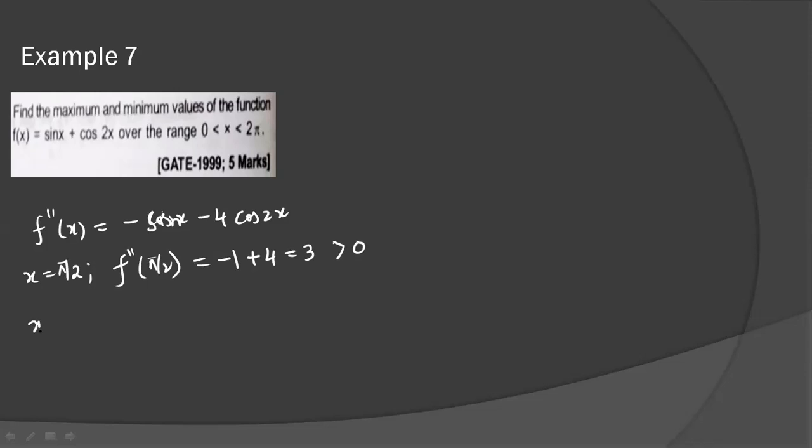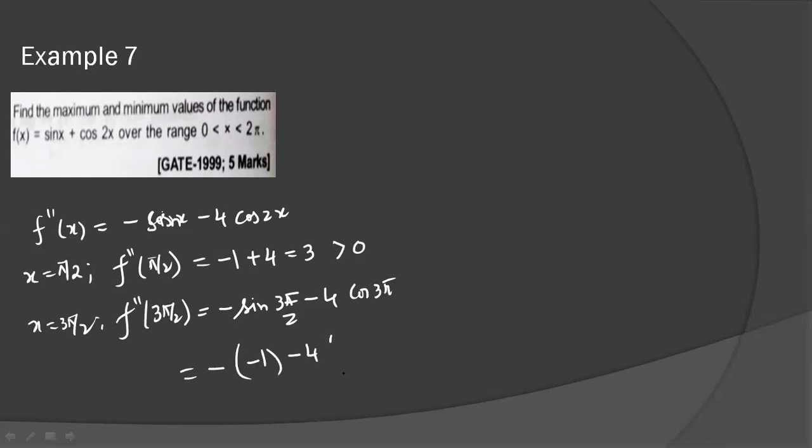Now, at x equal to 3 pi by 2, f double dash 3 pi by 2 will be minus sine 3 pi by 2 minus 4 cos 3 pi. Sine 3 pi by 2 is minus 1, so minus sine gives plus 1, and cos 3 pi is minus 1. So it will be minus 3. It will be the point of maxima.